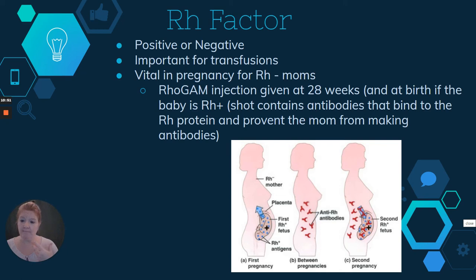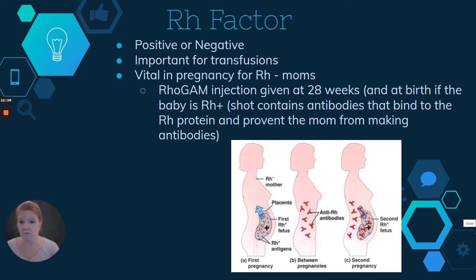and the baby is RH positive, there is a chance that some of the proteins on the RH positive blood can cross the placental barrier, and the mom will start making antibodies against that protein, which would cause issues.